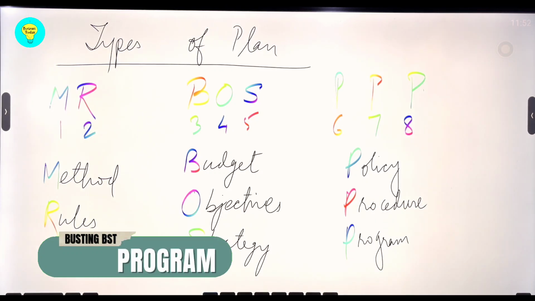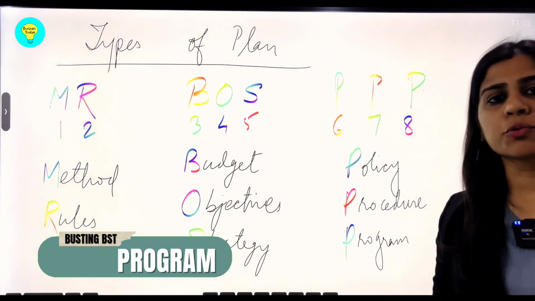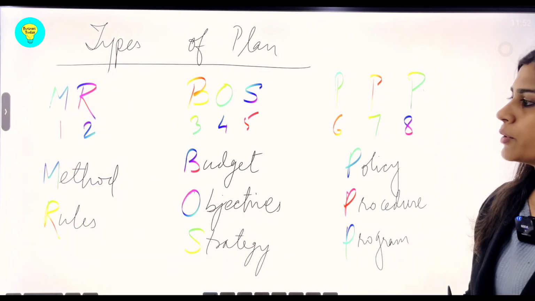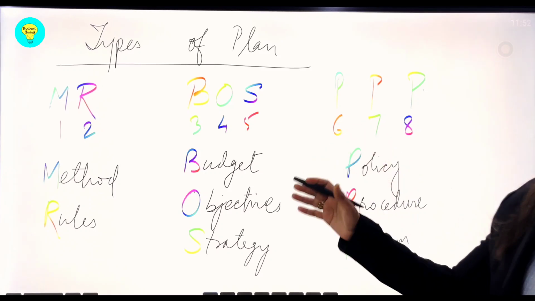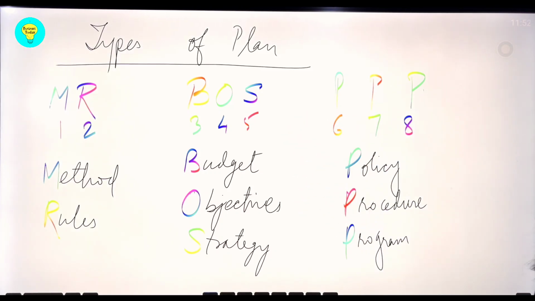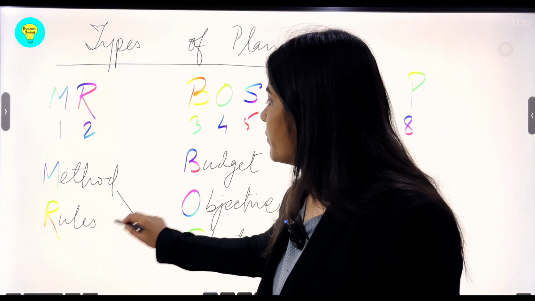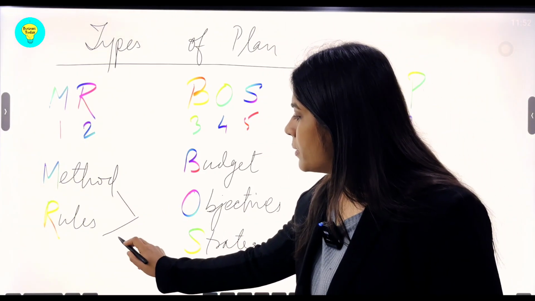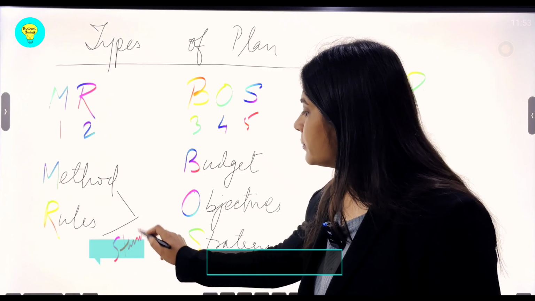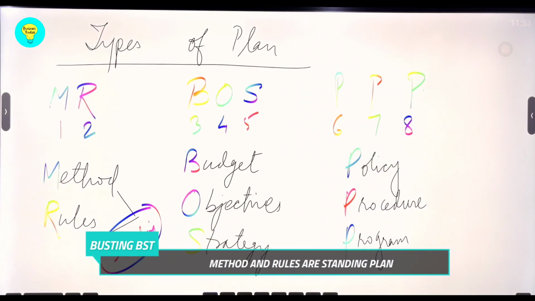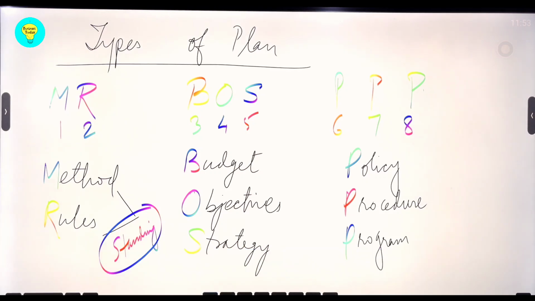So now students, there might be some questions which ask you to identify them as single use or standing plans, but you need not be afraid of. You just remember these 8 letters Mr. Boss PPP, where M and R, method and rules, they are standing plans because they can be used for a longer period of time.